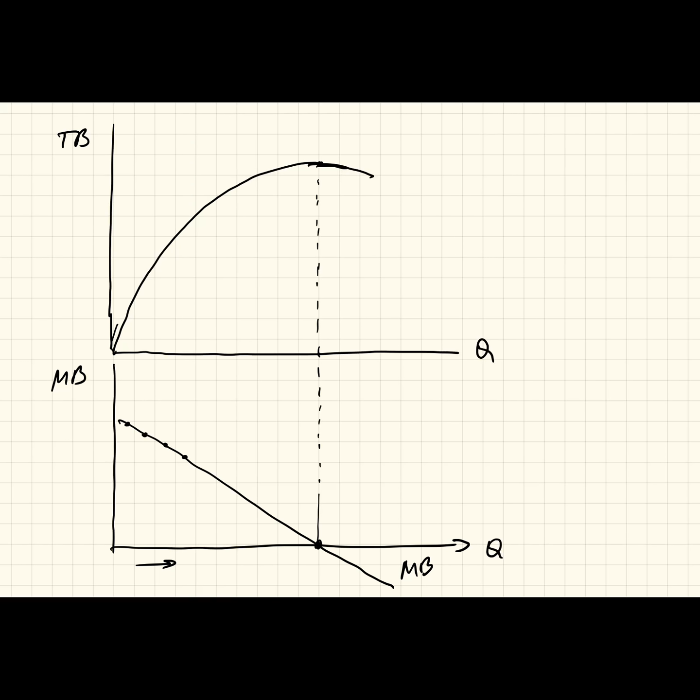So the first slice of pizza feels the best, the second one still feels good, but not as good, and the third one still feels good, but not as good as the previous one. That shows up as a downward sloping curve: you're enjoying each additional unit, but the level of satisfaction you get from each additional unit is dropping.